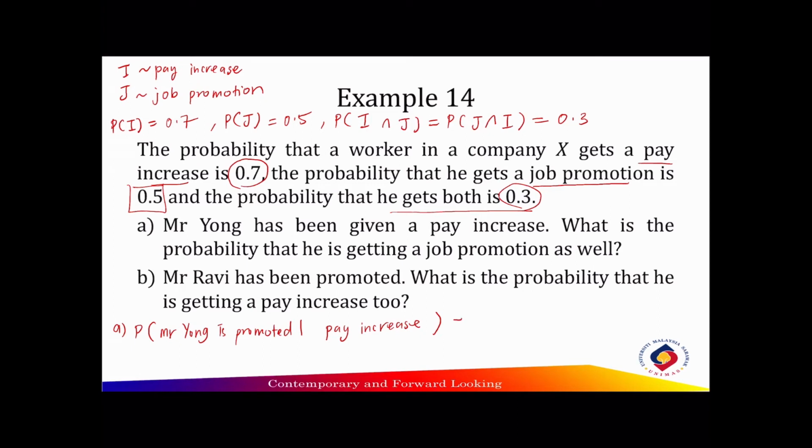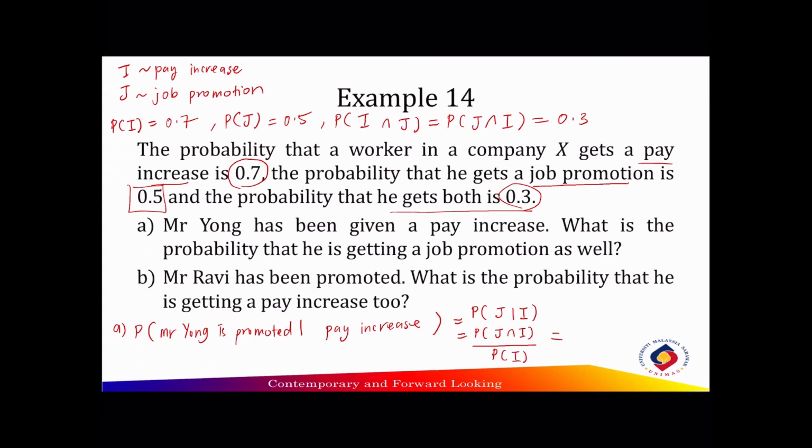So this is P(J given I), and by using the formula, P(J given I) is actually P(J intersect I) over P(I).